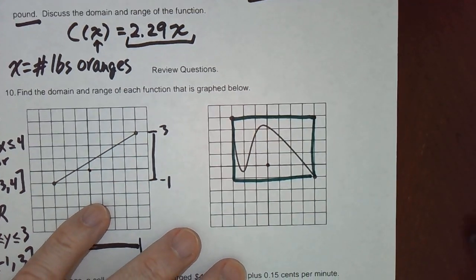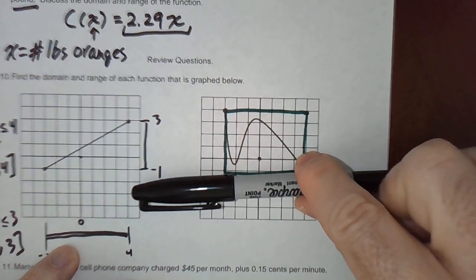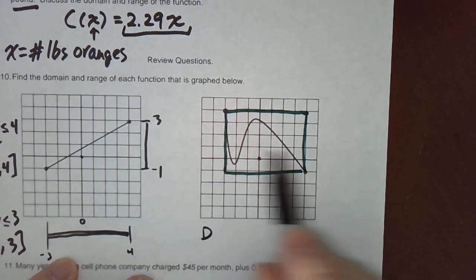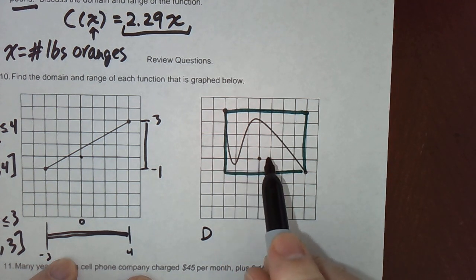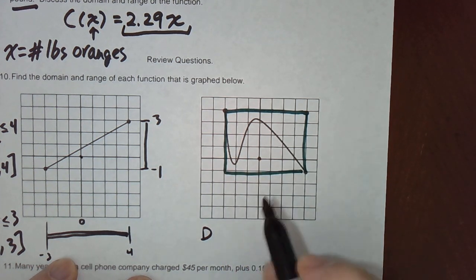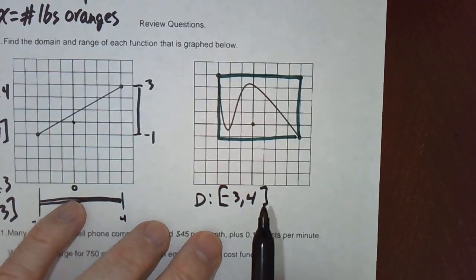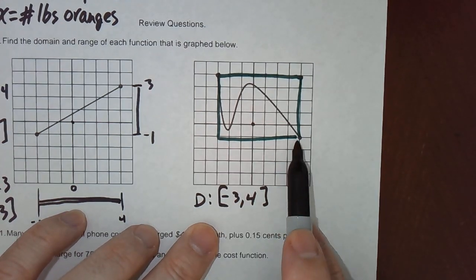The domain is the left-hand side to the right-hand side, and the range is the bottom to the top. So the domain goes from the left to the right. It goes from -3, -2, -1, 0, 1, 2, 3, 4. -3 to 4. I'm going to write it like an interval to save some space. The domain of this function goes from -3 on the left all the way to +4.